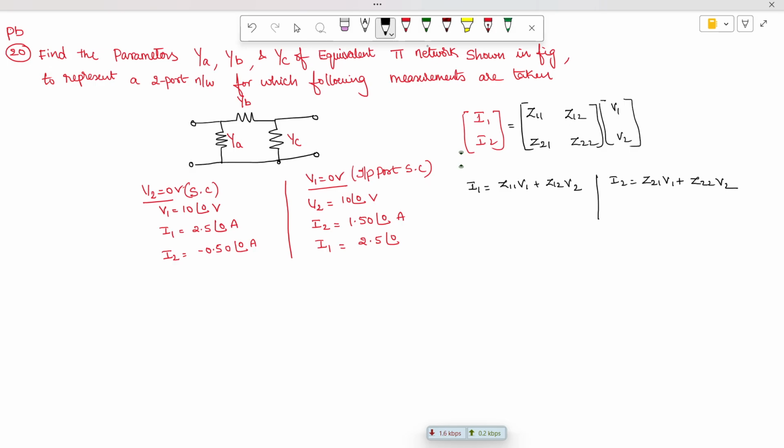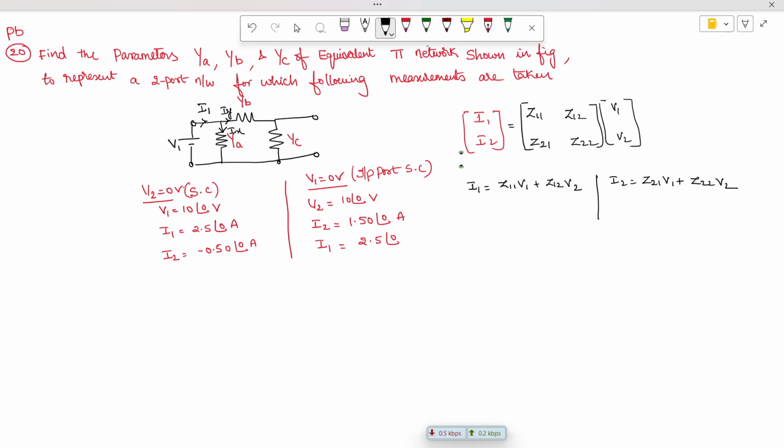Now let's try to apply this to our problem. So here the applied voltage is V1, and the current I1 is flowing. I'm assuming this current has some Ix and this current has some Iy.